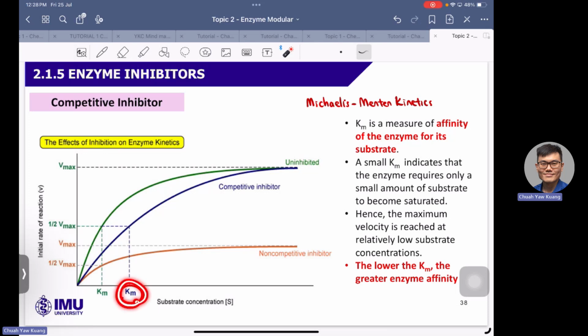High Km means that you need a higher substrate concentration, right? Why do you need a higher substrate concentration to achieve that same rate of reaction? Because the affinity is lower, which means the chance is lower. If you remain at 5, the chance is lower, you will miss it. So that's why you now need 10.